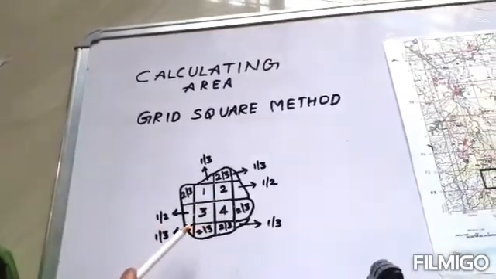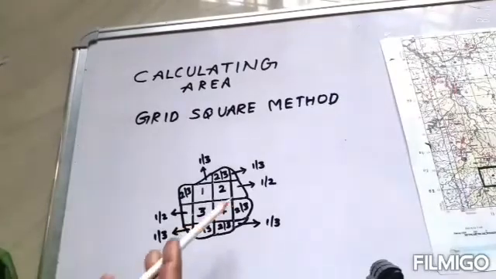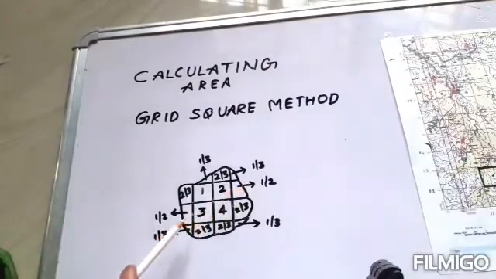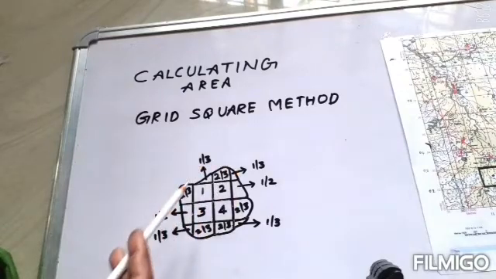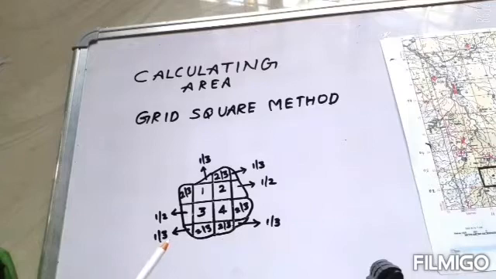Next, squares covering half the area are taken as half. Squares covering less than half the area are taken as 1/3. Squares covering more than half of the area are taken as 2/3.